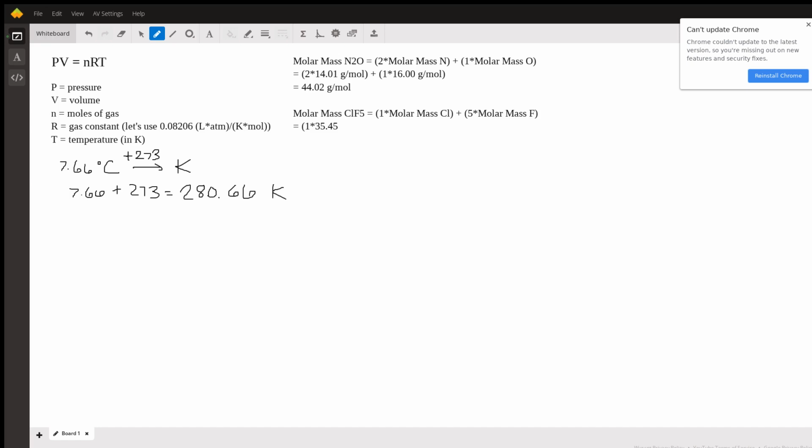The fluorine is 19.00. So the total would be 130.45.